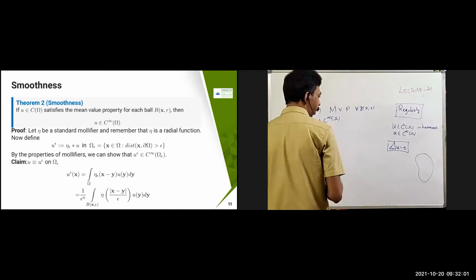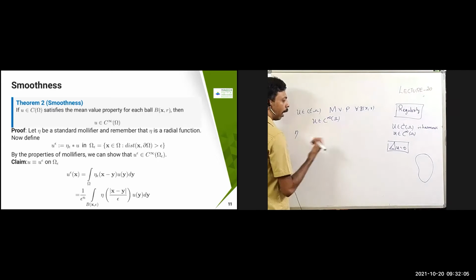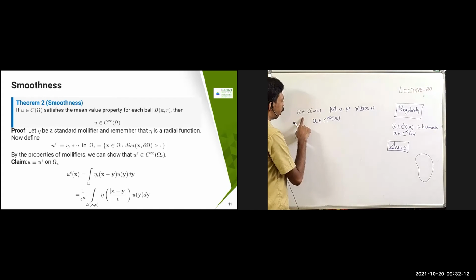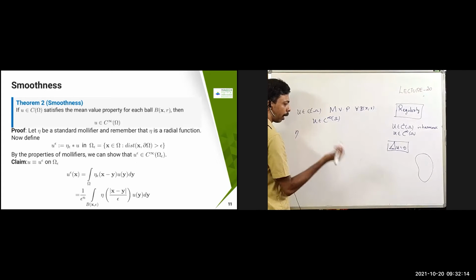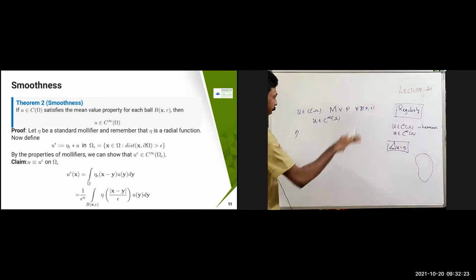Again, I'm going to take eta to be the standard mollifier. Remember how to define this. Suppose u is given to you, then you can define the mollification of that. Eta is a radial function because it is defined only on that ball.